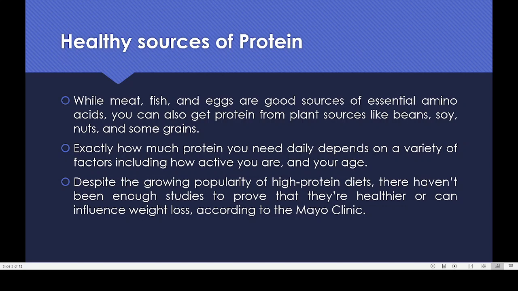These proteins are very much essential for the growth of your body, especially during the developing period, during the growing period. For example, you might have noticed that if mothers are there at home, they will always be giving a lot of milk and egg to the children, especially growing children.